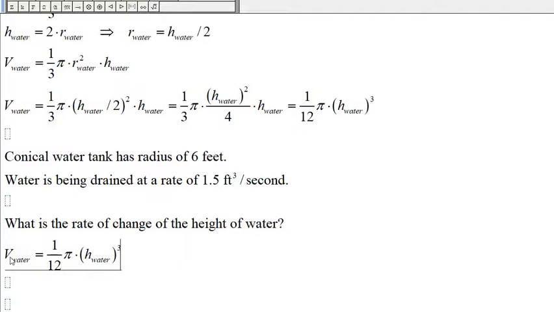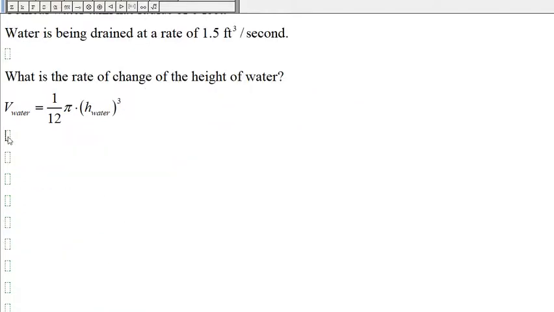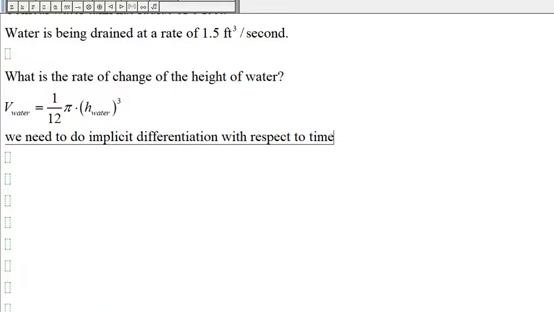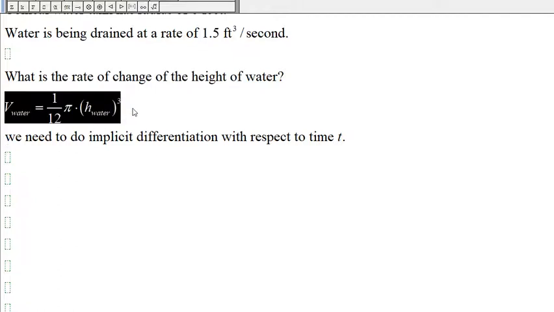The volume of the water is changing with respect to time, and the height of the water also changes with respect to time. So we need to do implicit differentiation with respect to time.